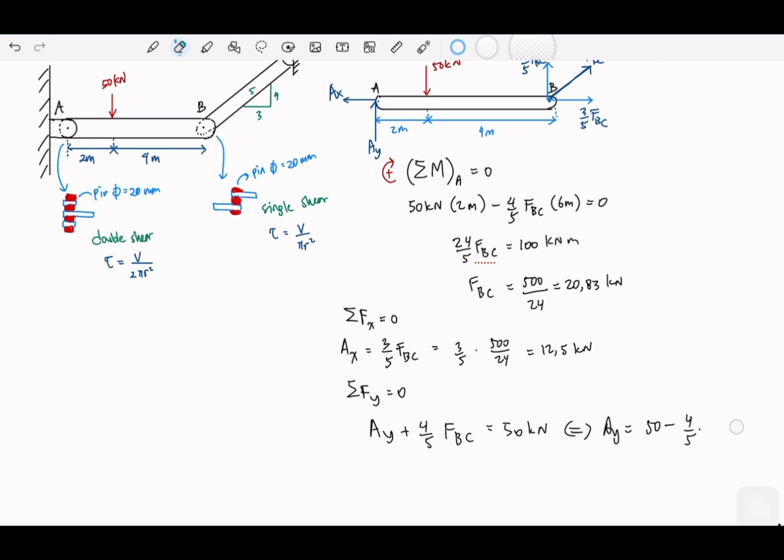Well, maybe let me write this as 500/24. Maybe more significant is 100. This is 100 divided by 6, around 17. So this will be 33.3 kilonewton, right?